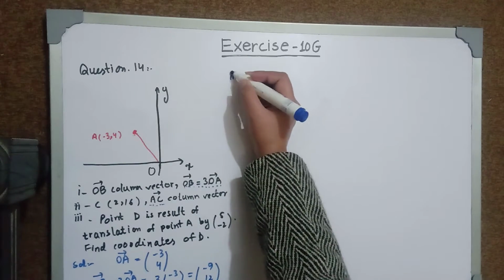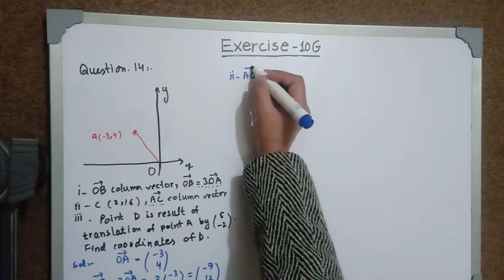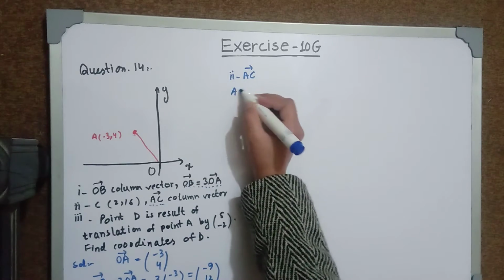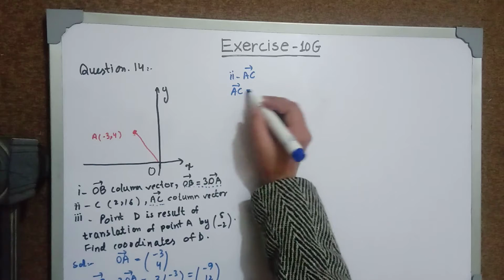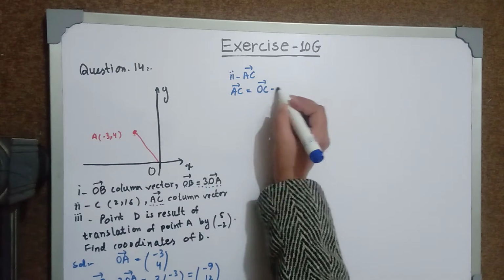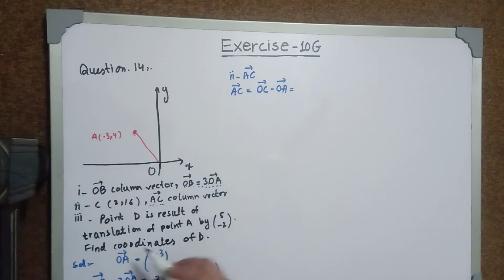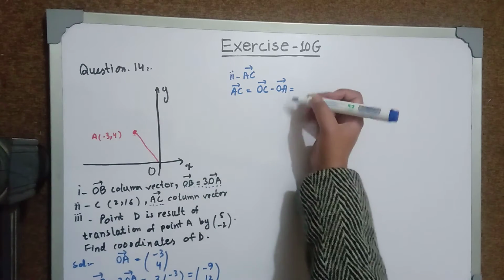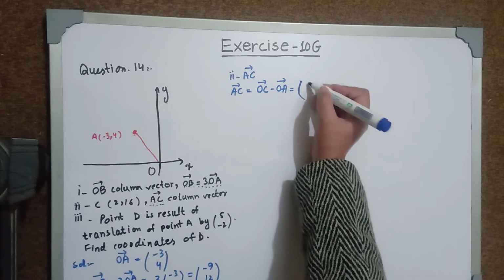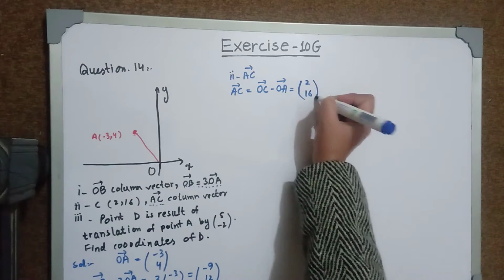Part 2 is to find column vector AC, and we know that AC will be equal to final minus initial point. So OC, as C is (2, 16), if I write it as a column vector, it will be (2, 16), right?